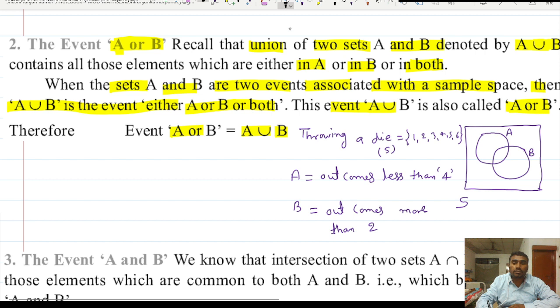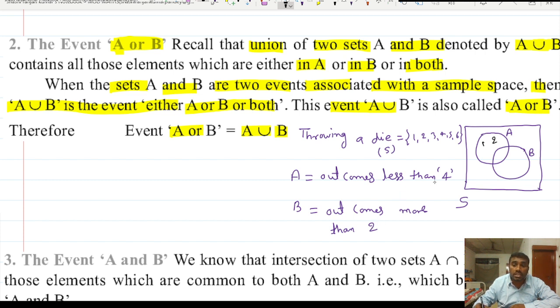Now see, what situation happens here? A is an event in which outcomes are less than 4, meaning up to 3 can be here. And here outcomes are more than 2. You can take here 1, you can take here 2, but 3 is left. Since outcomes are more than 2, 3 is also there.